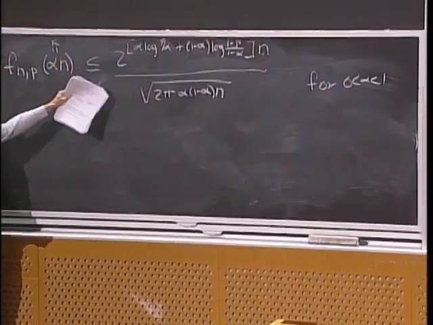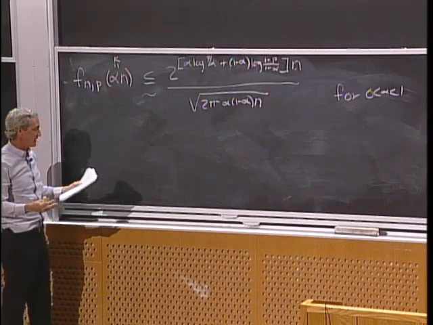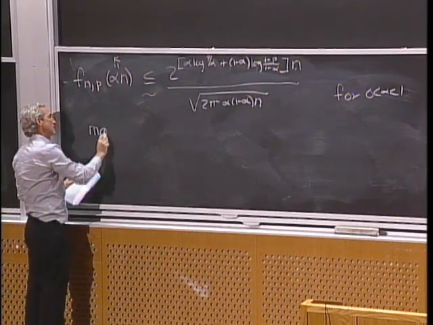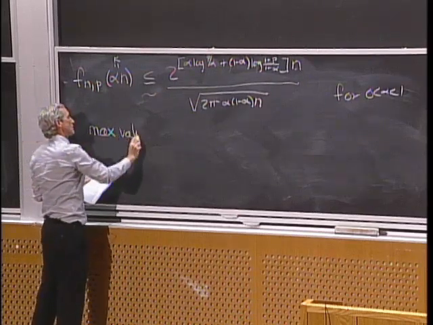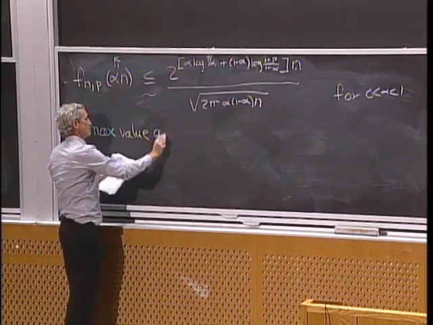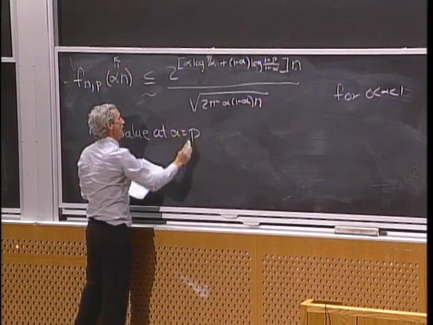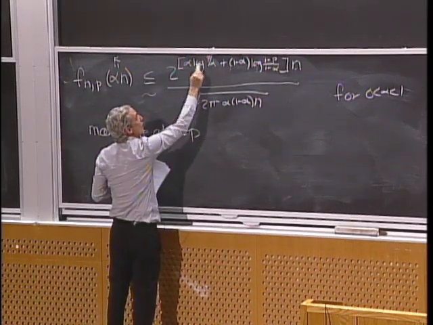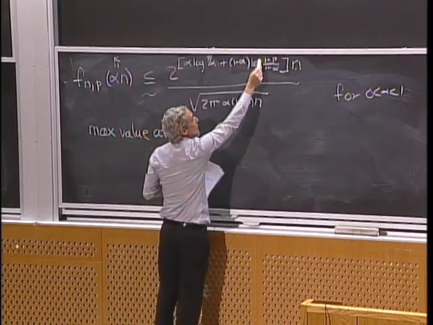Now, when you take the derivative of this thing, it turns out its maximum value is when alpha equals p. And when alpha equals p, you get log of 1 is 0. Log of 1 is 0.